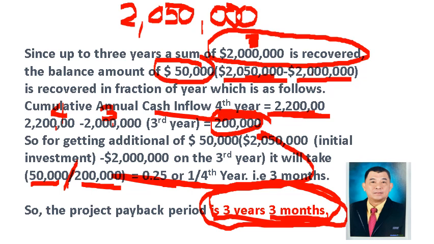You recovered 2,050,000. So if that 2 million becomes 100,000, you will recover that in 3 years and 6 months or 2.5 years. Okay? Very good. So very easy to comprehend.